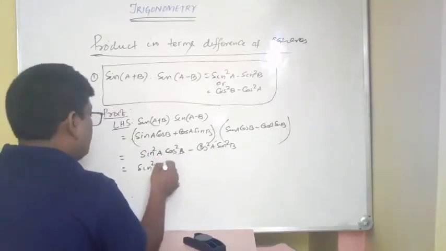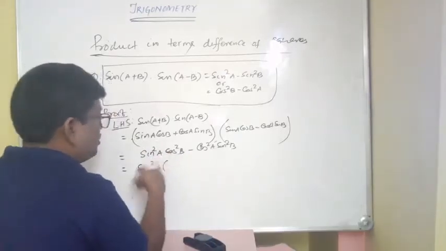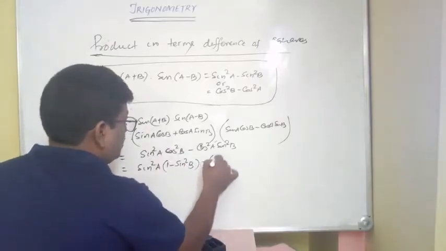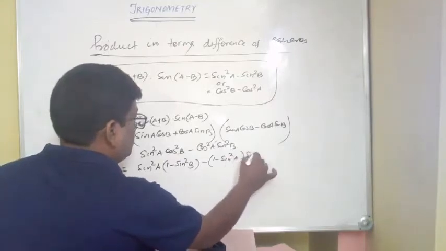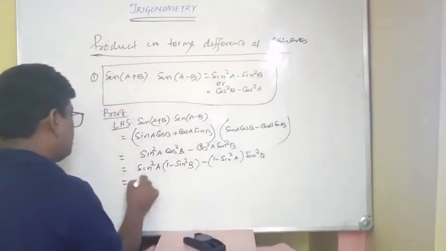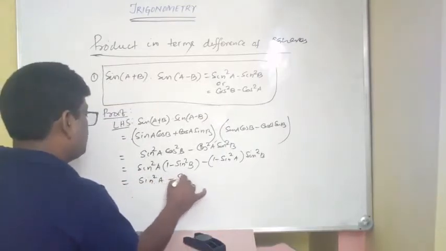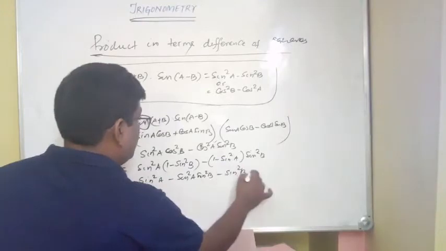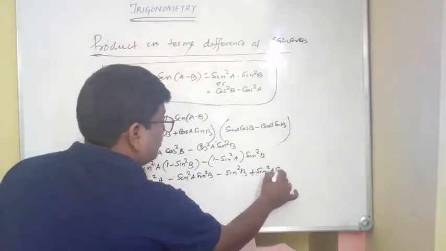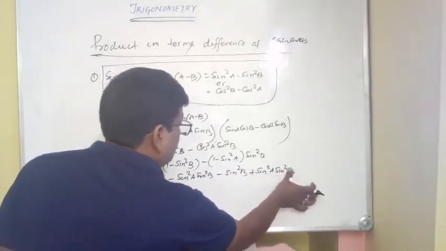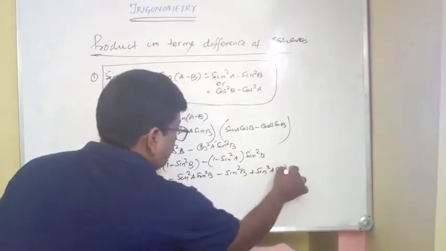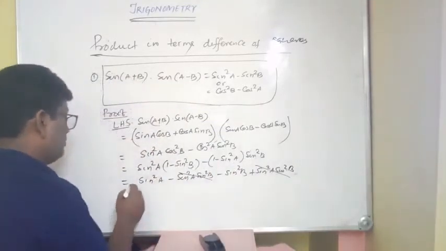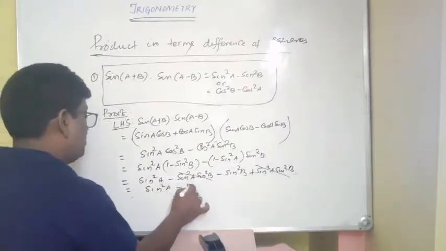Write cos square in terms of sin square, so it is 1 minus sin square B. Again write cos square A as 1 minus sin square A, times sin square B. Multiplying, this gives sin square A minus sin square A sin square B, minus sin square B plus sin square A sin square B. So sin square A sin square B cancels, and it is equal to sin square A minus sin square B.